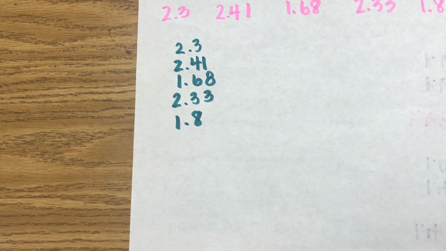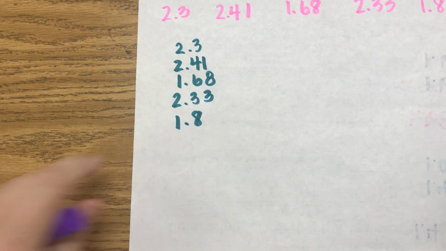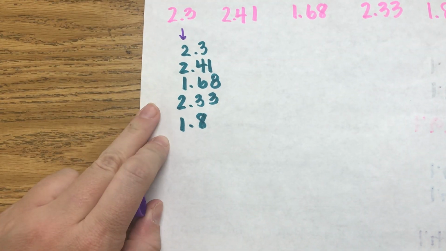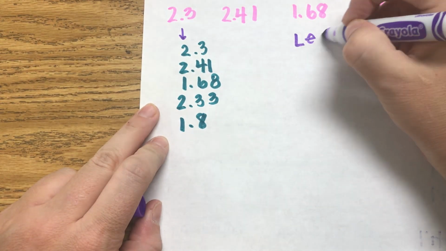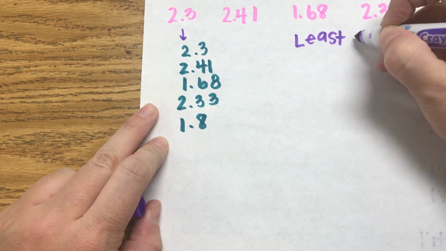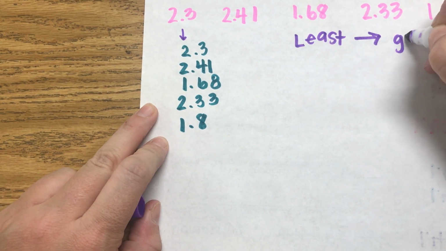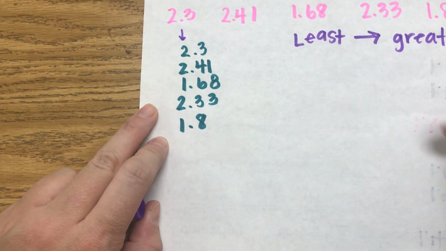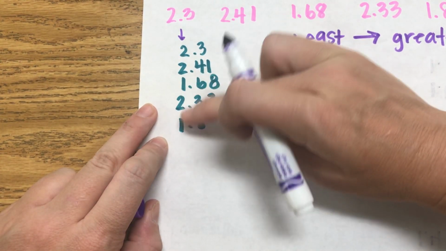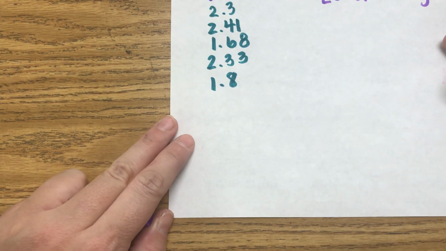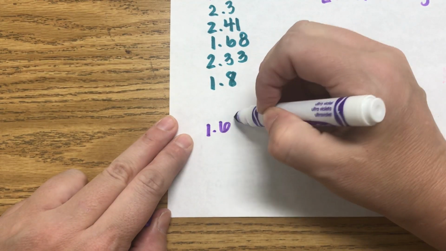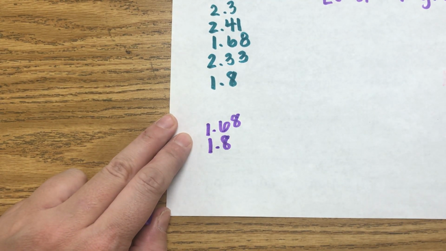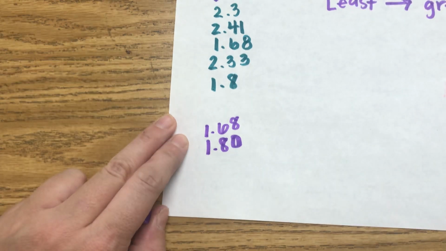So the first thing that we're going to do is look at our ones place. And if we're going to do this least to greatest, that way we're not confused, the smallest number here is going to be one of these two numbers. So now I'm really looking at my 1 and 68/100 and my 1 and 8/10 to determine which one is going to be smaller. And I can add that 0 in.